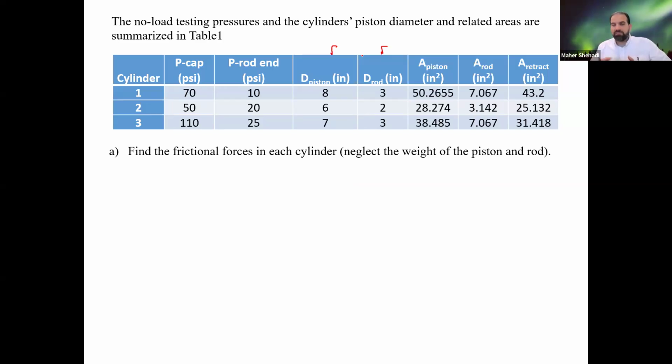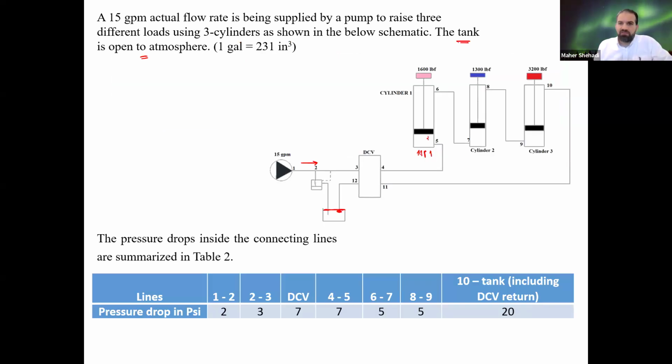And you will have to calculate the piston area, the rod area, and then find the annulus area, which is needed for the retract area and pressure. The no load testing information for each cylinder is given here. That's cylinder 1, 2, and 3. This is the cap side, and this is the retract or the rod end side. So one from the front, and the other from the back.